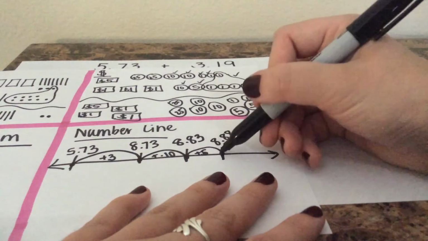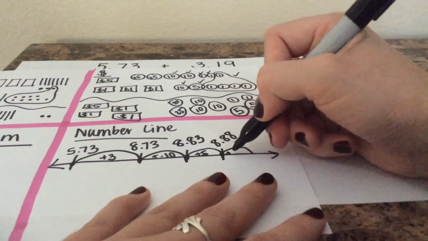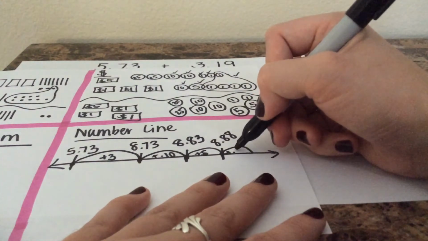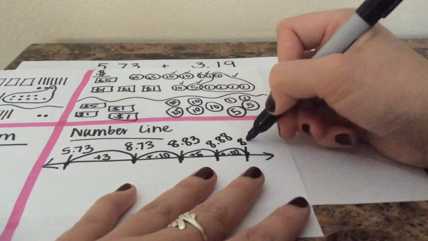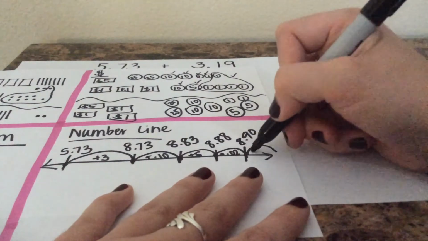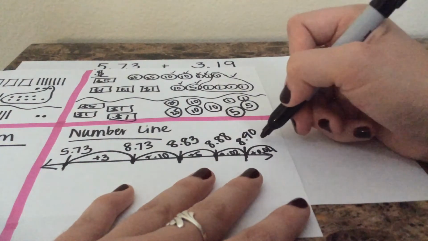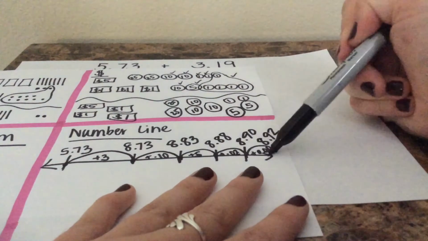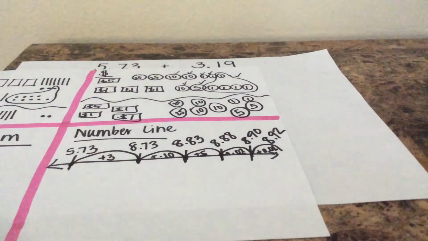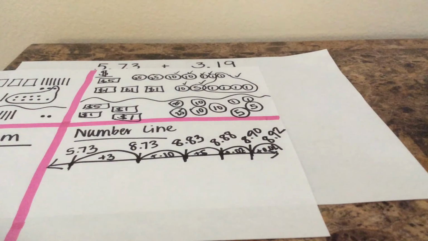I have to add to 9, so I'm going to add plus 0.02 next, which brings me to 8.90, and then plus 0.02 again, which brings me to 8.92. Notice that 5, 2, and 2 made 0.9, and you can hop that in any way that you like. So hopefully you are understanding and are able to work with all 4 strategies.